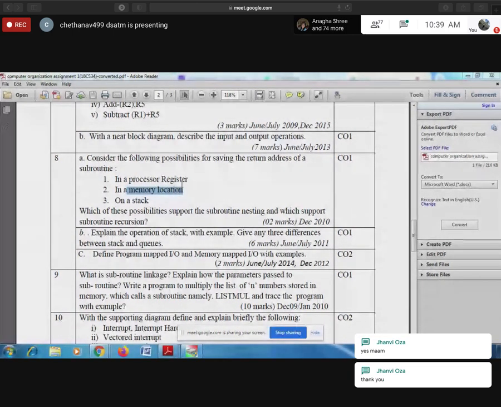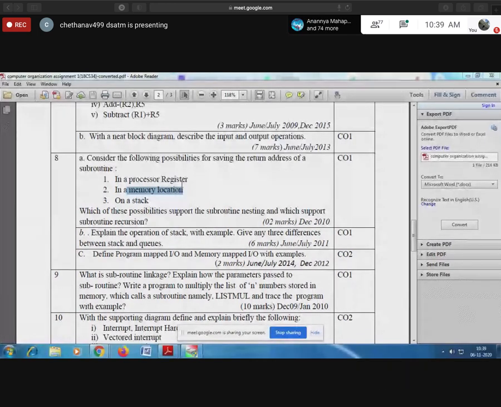While writing also, you can write it: for recursion, we require the stack. You write it very clearly in front of the stack. The requirement of stack for subroutine nesting and subroutine recursion is because the recursion is called again and again, so we require a stack frame to store the return address, parameters, and local variables.